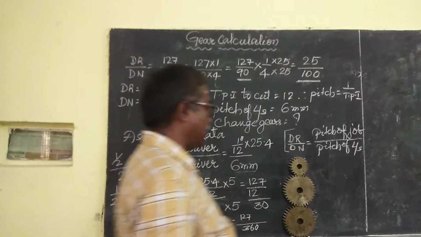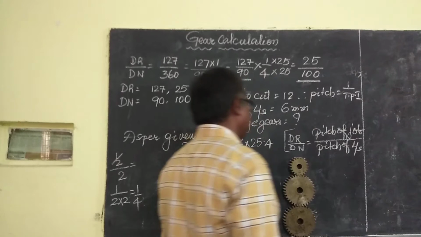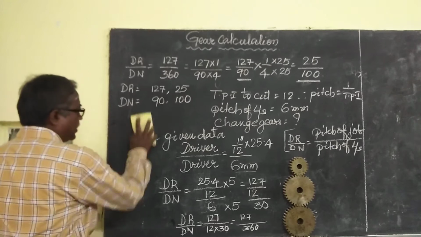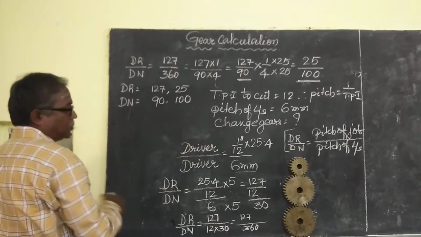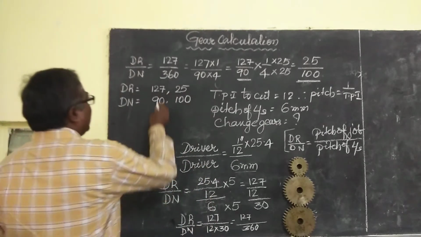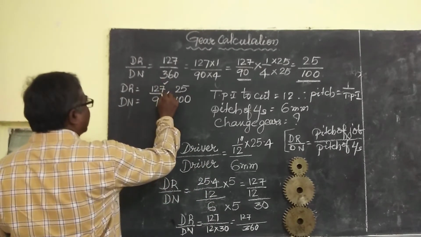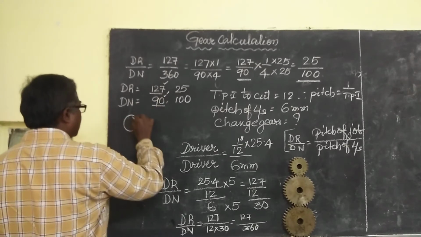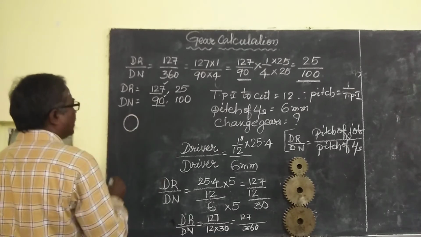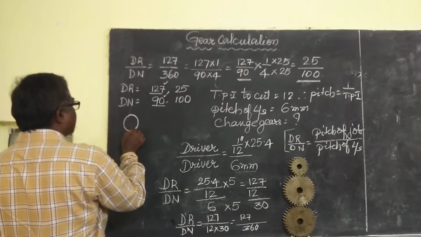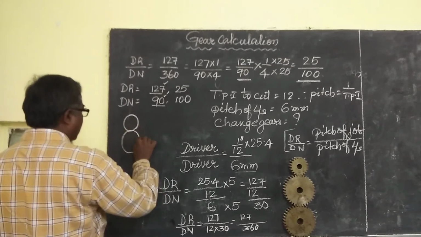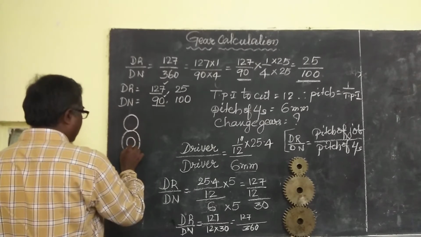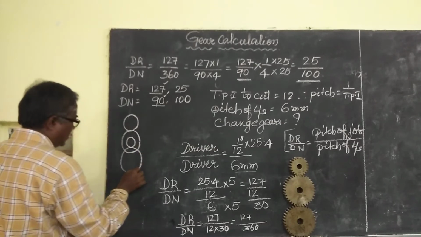How are we going to give the connection? Before it was like this. Now we are going to give the connection. You see here how I am going to give it. This is the first driver and this is the second driven. The gear is 127 here, and another one is 90. This one is another driver, 25, connected to this one.